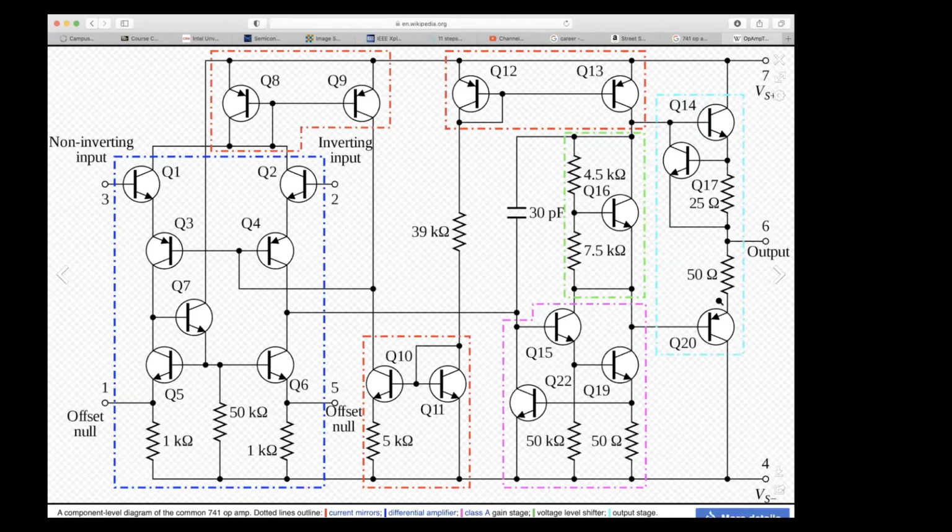It'll take experience. If you try to sit here and analyze this without recognizing those common structures, it'll take you a really long time, and it'll get very confusing. But as you build your knowledge, you'll learn how this current mirror works, and from then on you just recognize it, or how this differential input stage works, or how these loads work, or how this current reference circuit works, or how this output structure works.